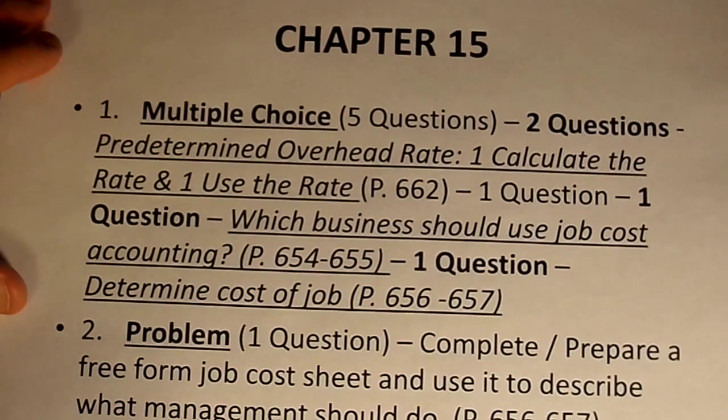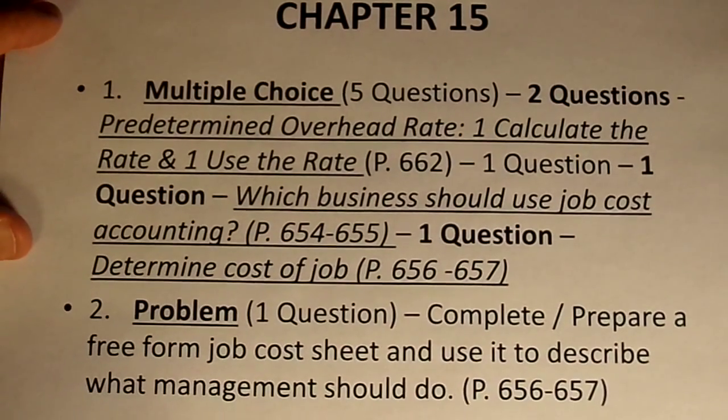In chapter 15, there are 5 questions. 2 of them deal with the predetermined overhead rate. So 1 of them calculate the rate, 1 of them use it. I've given you a page reference. 1 question involves which business should use job cost accounting.